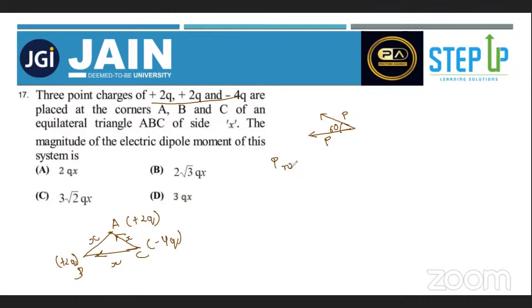So P net will be root over P square plus P square plus 2P square cos 60 degree.